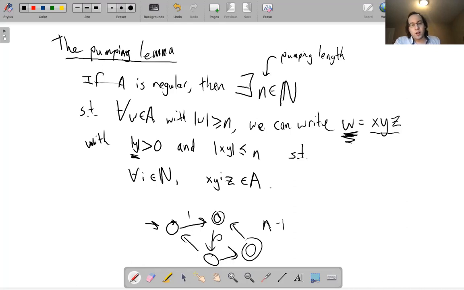Even if you have n states, if you have a string of length at least n, you will have visited some state twice. Let's say when you read the string w, you visit this state twice.